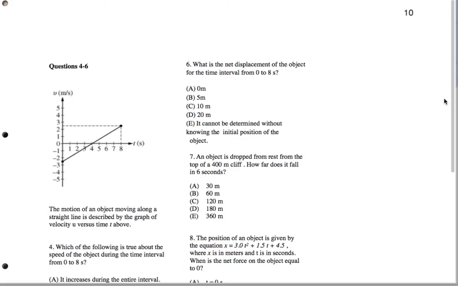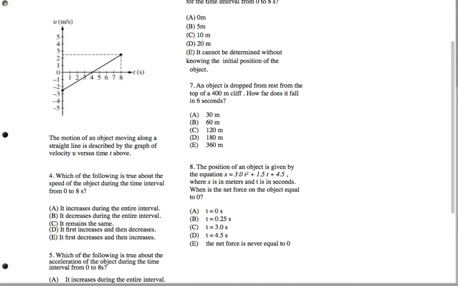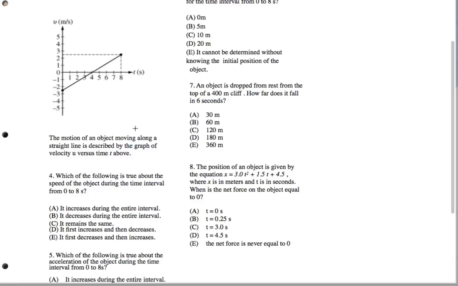Let's take a quick look at number 4 and 5, and I think that'll wrap it up for this video. For number 5, we have an object moving in a straight line described by a graph of the velocity v versus t above. We want to know which is true about the speed of the object during the interval from 0 to 8 seconds. Let me figure out what's happening.